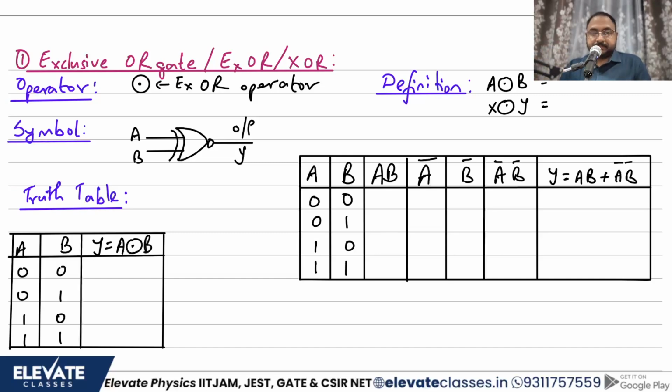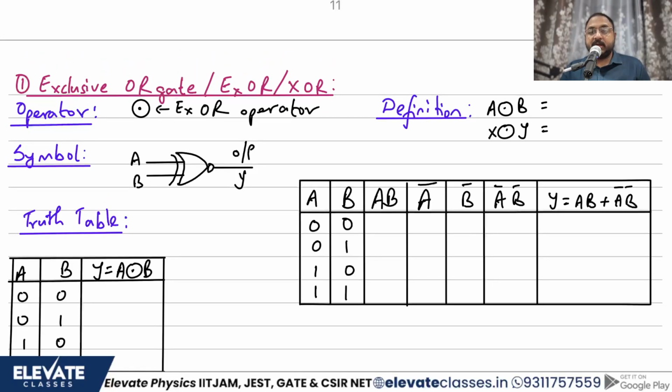Okay, yeah. Let's move on to the second gate, which is called an XOR gate, or an XOR operator. Okay, XOR gate hai. There's also a Boolean operation. Now, what is the operator? The operator is a dot encircled. एक encircled dot, when you have a dot which is covered by a circle, that is an XOR operator. Okay, I'm very sorry. This will be an XNOR operator.